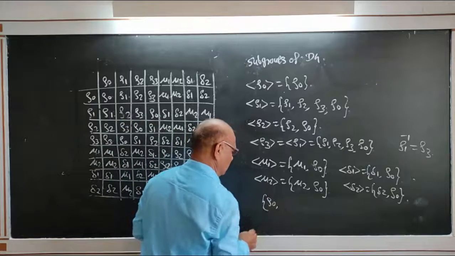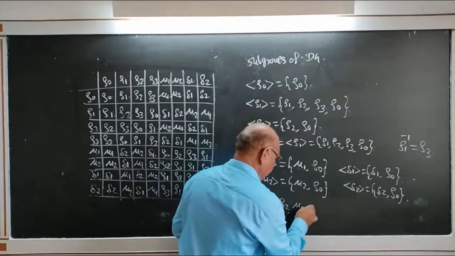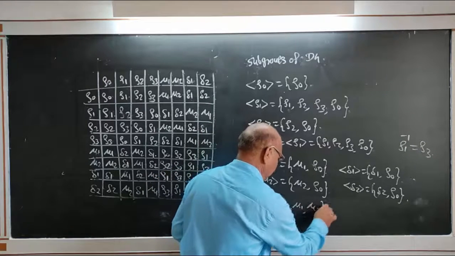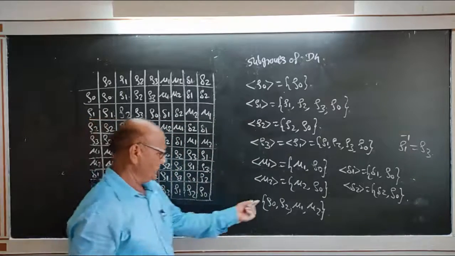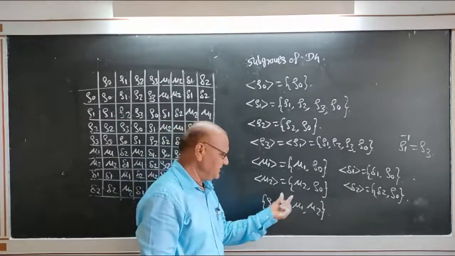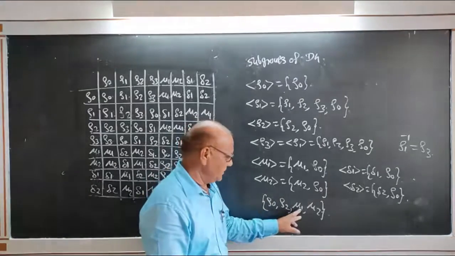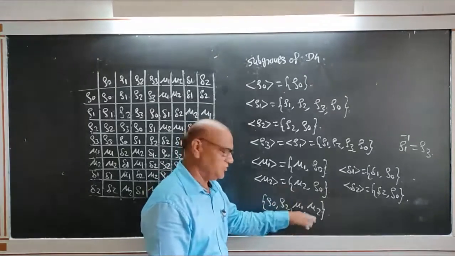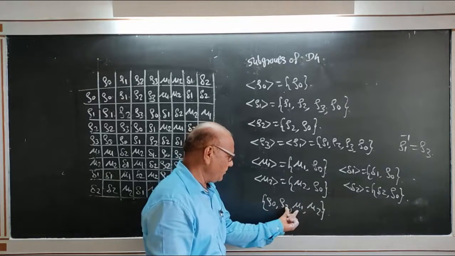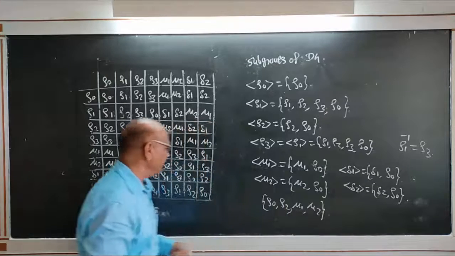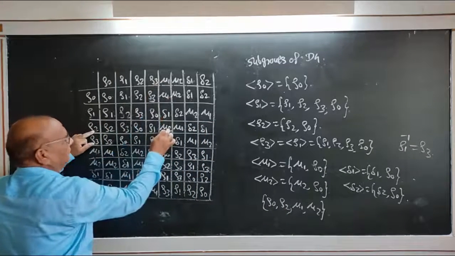Now, is there any other subgroup? Row 0, mu1, mu2. Here, the inverse of each element is itself. Row 2 square is row 0, mu1 square is row 0, mu2 square is row 0. And here, the product of row 2 into mu1 is mu2.